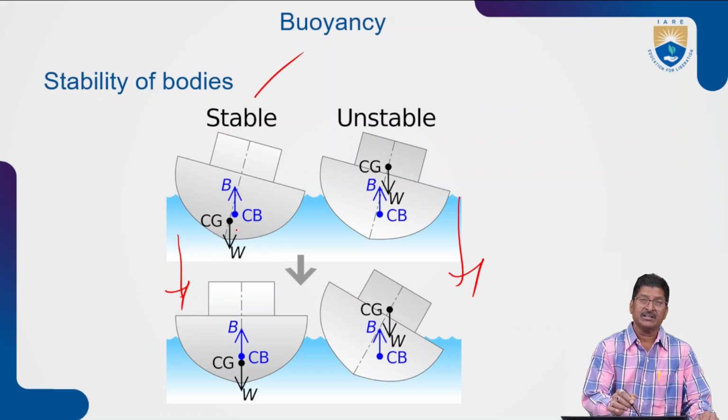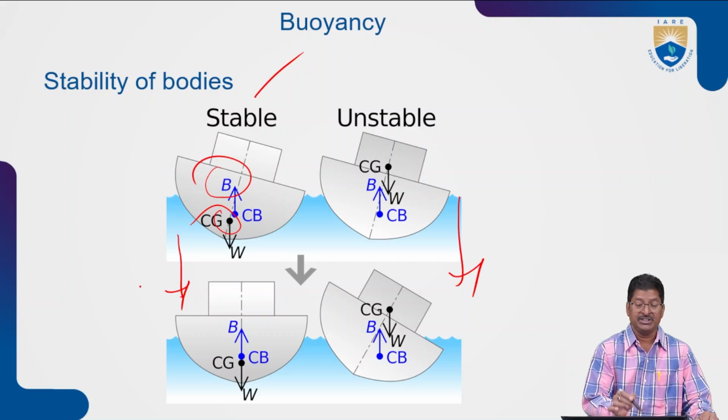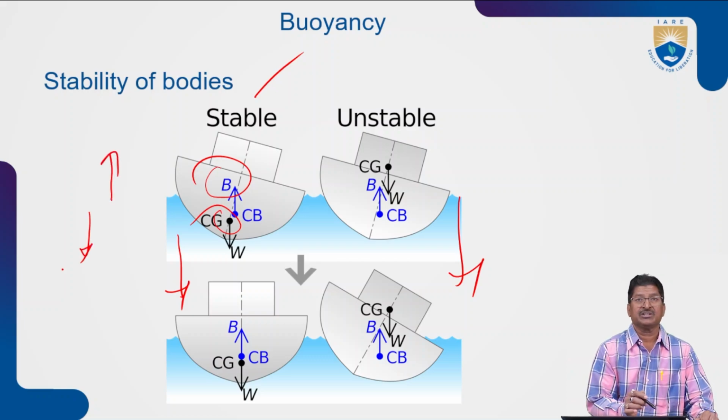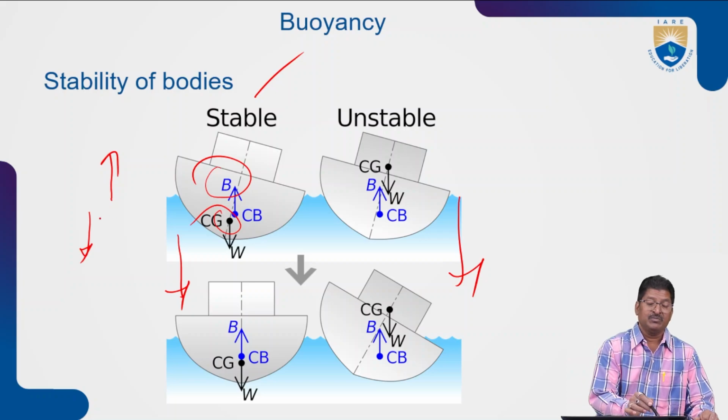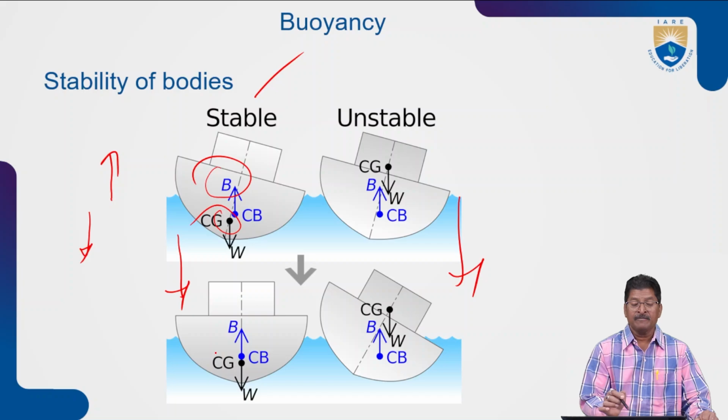So what is the difference here? In this first figure, we have B, the point of buoyancy, acting just above the weight of the object, that means the ship's CG. So both are acting in opposite directions, and that makes the stable condition because of these opposite vertical forces. Whereas in the unstable condition, the buoyancy point is below the weight of the object.